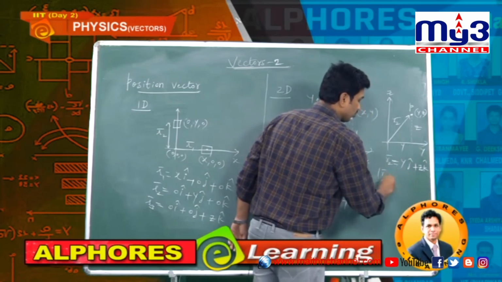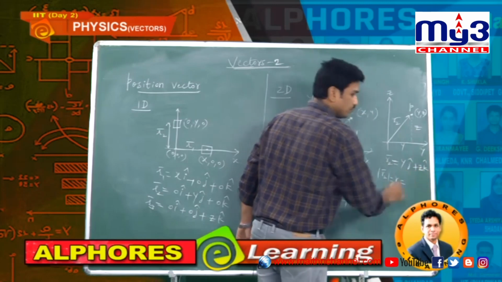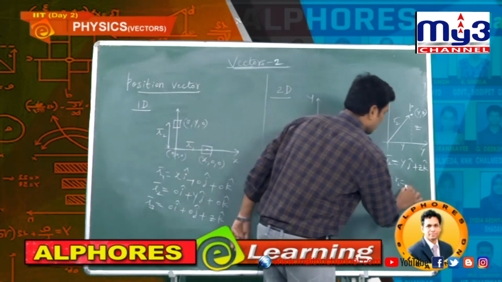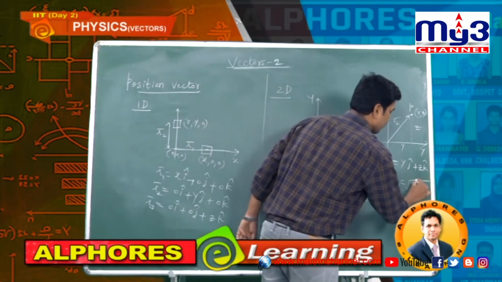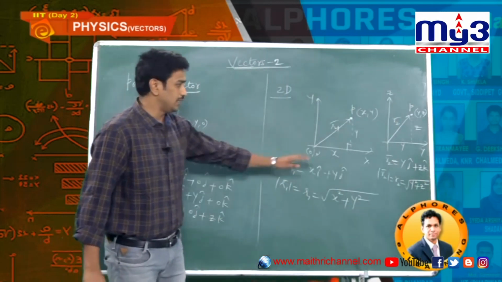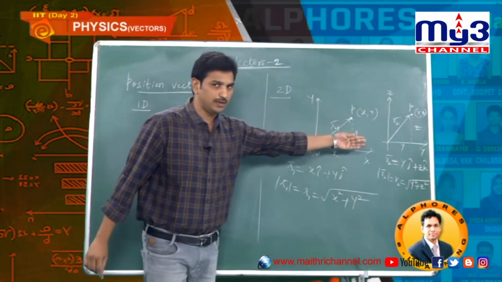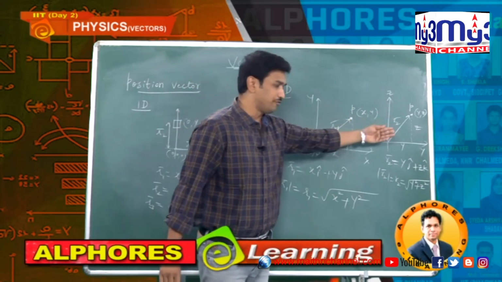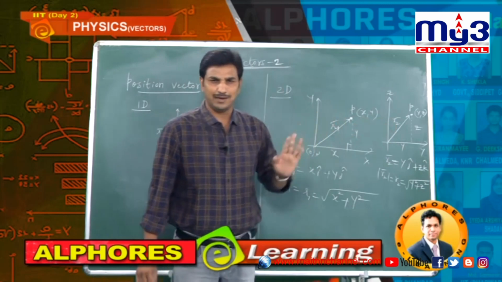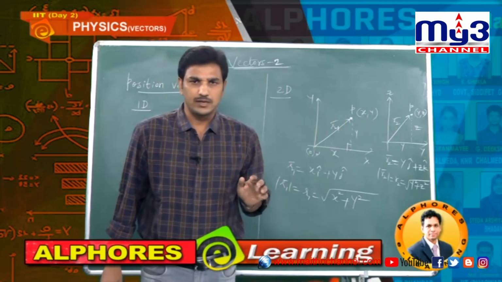Now r2 bar magnitude is r2, vector magnitude is a scalar, that is under root of y square plus z square. So here I have given one more example to give you more clarity about two-dimensional position vector. Simple, don't think more about it.